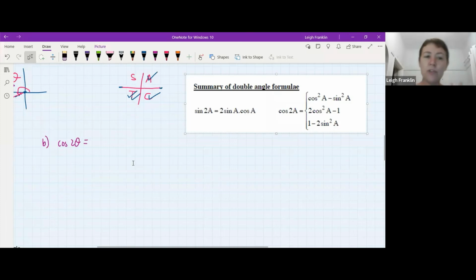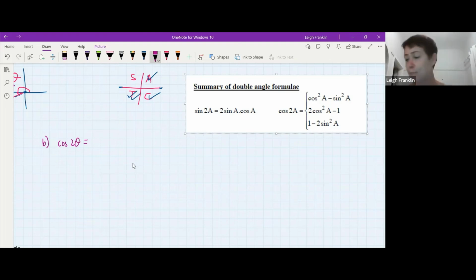Now, when it comes to the theorem of Pythagoras, whether we write this as cos squared a minus sine squared a, or 2 cos squared a minus 1, or 1 minus 2 sine squared a, it does not matter. Later on when we do identities and equations, it will matter how we choose to write cos 2a, but for these Pythagoras questions, it really doesn't matter.